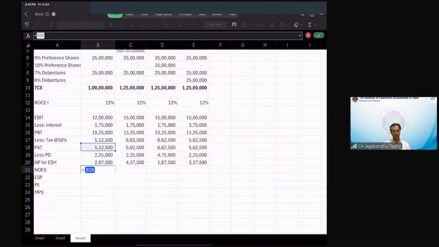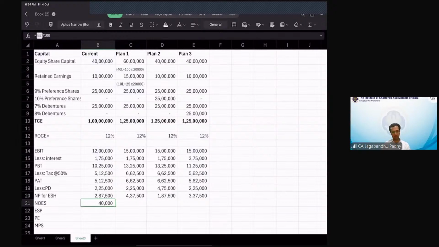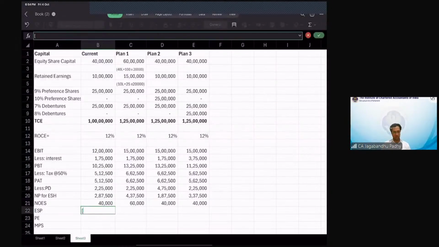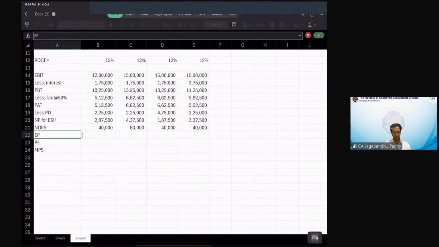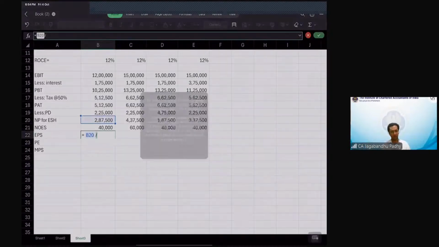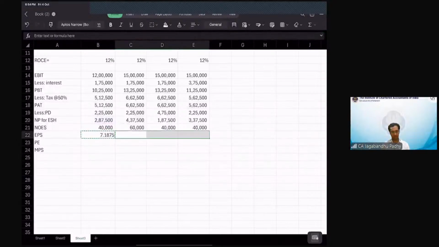Number of equity shares is simply going to be the number in the share capital divided by 100. Okay. So EPS will be net profit for equity shareholders divided by number of equity shares. This is the EPS.